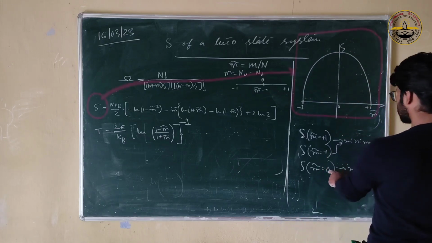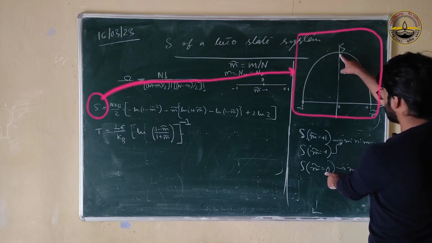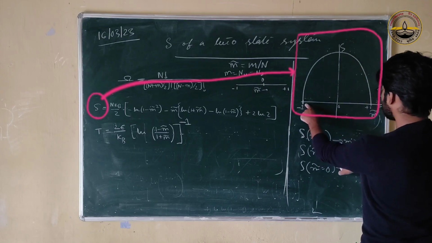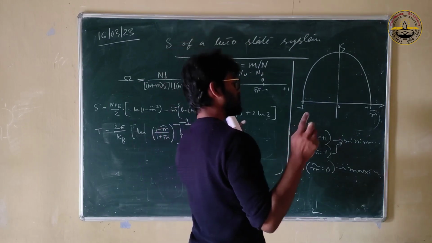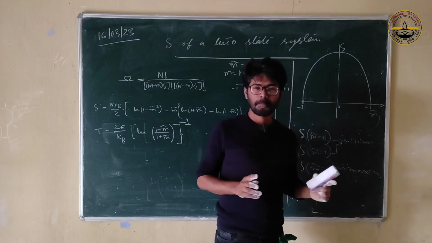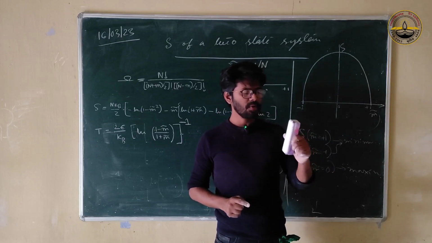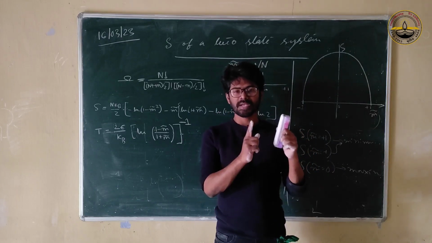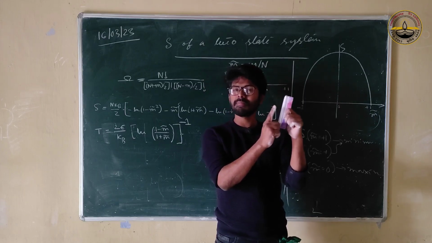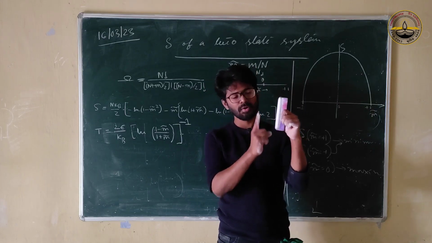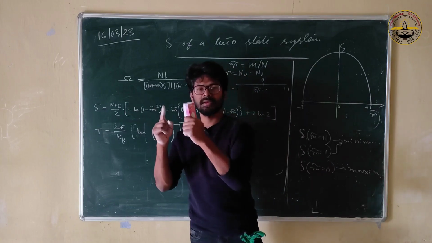It is maximum at 0, it is minimum at -1, it is minimum at +1, like this. So, just try to imagine this. All of your spins are along the direction of the magnetic field. That's the minimum energy state. All of them pointing along the magnetic field.